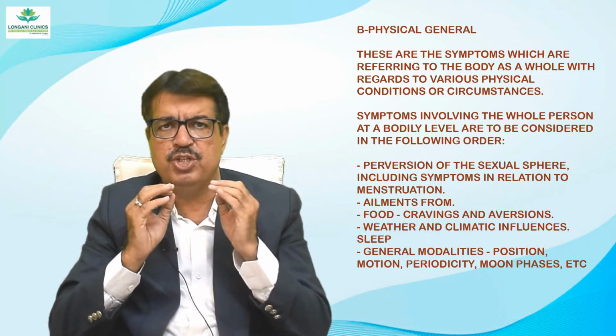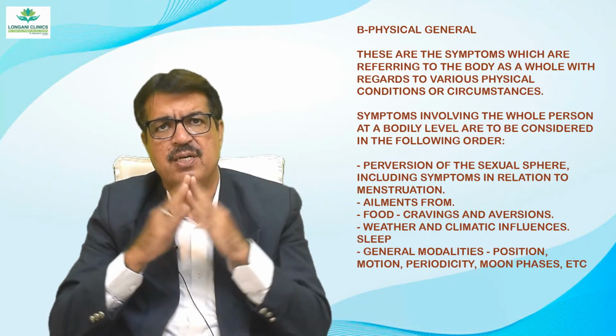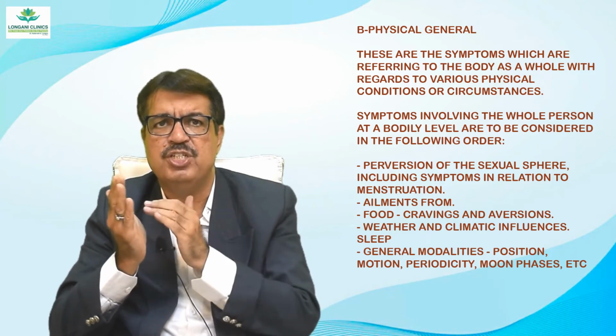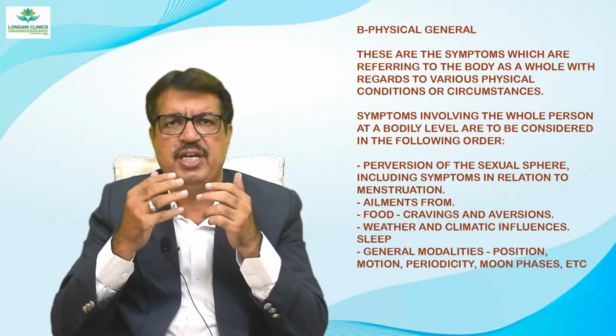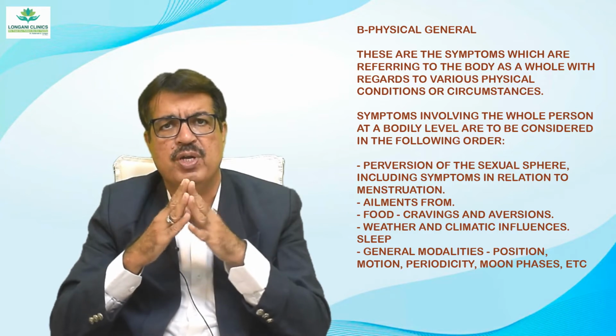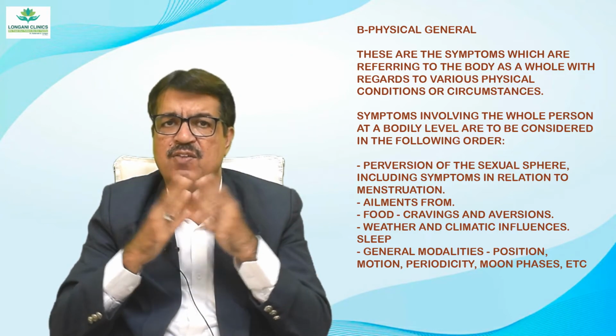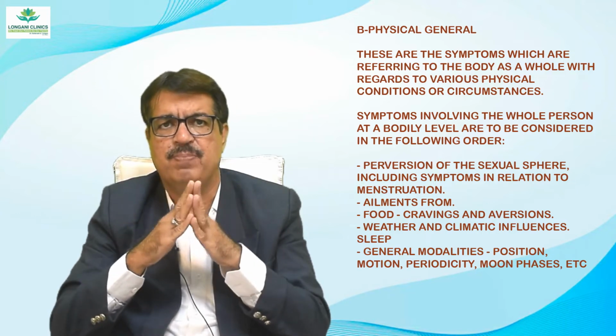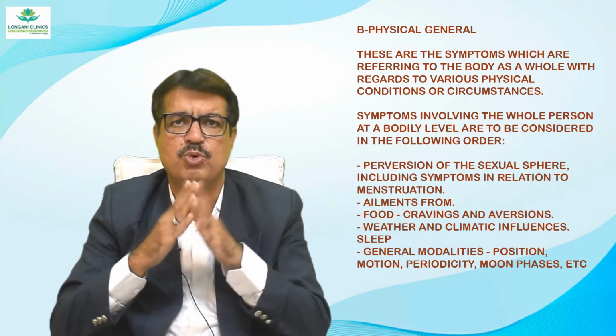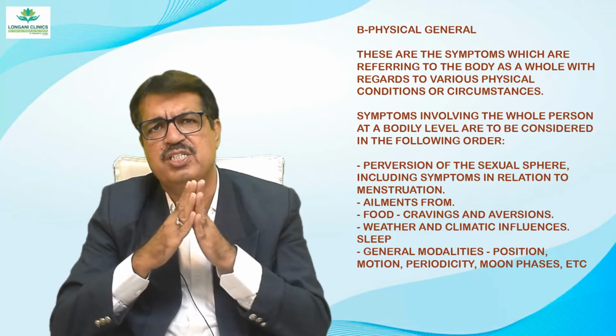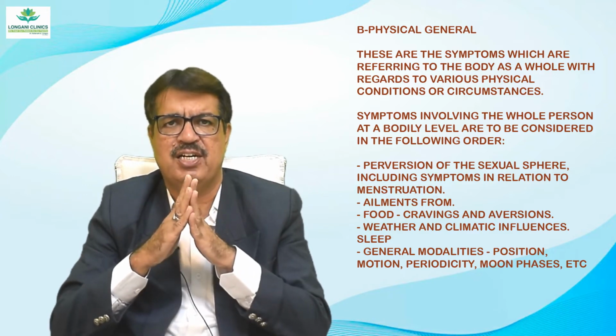Perversion of the sexual sphere. Then comes the including relation to the menstruation. Then elements from food, craving and aversions, weather and climatic influences. Then comes the sleep. Then general modalities, position, motion, periodicity, moon phases, etc.